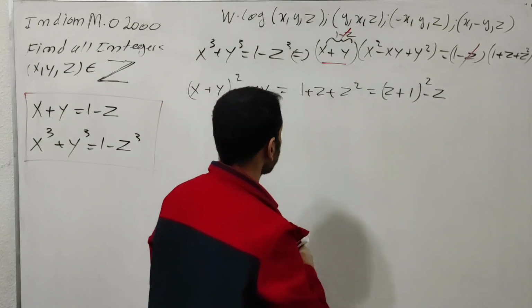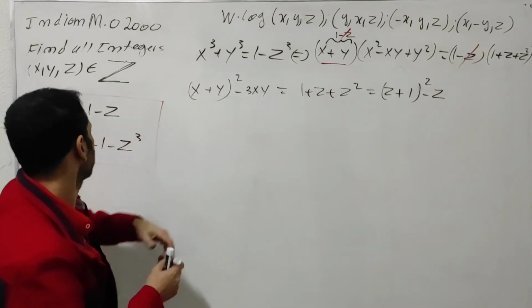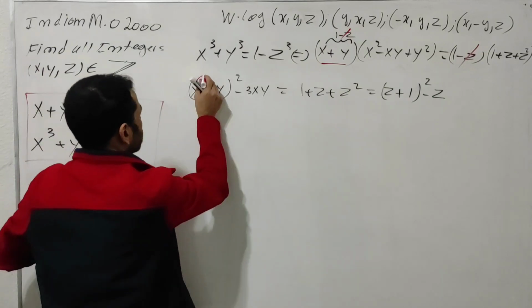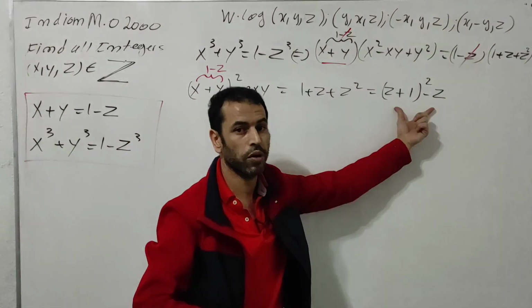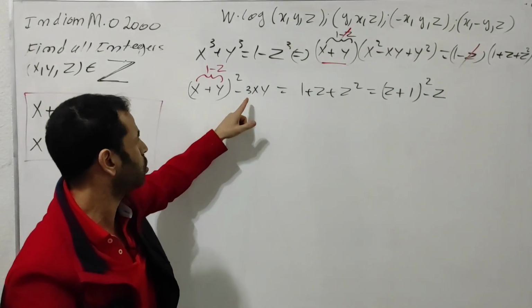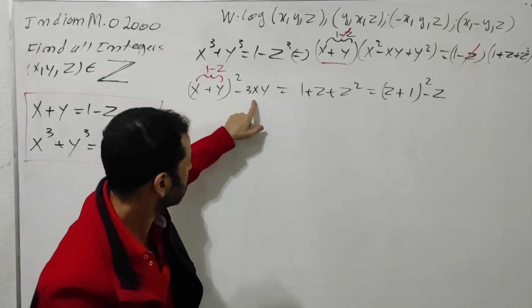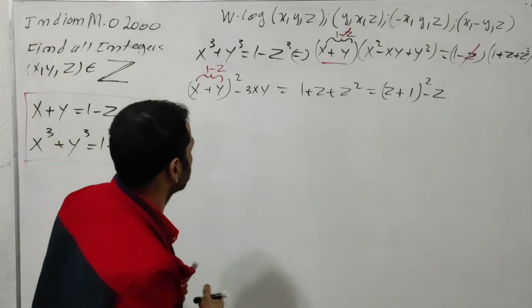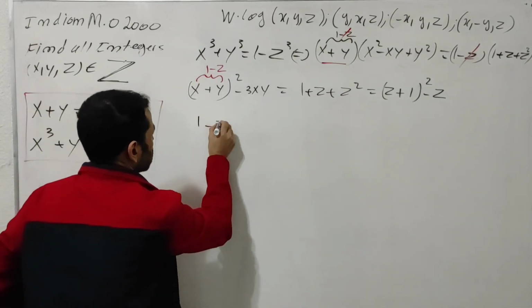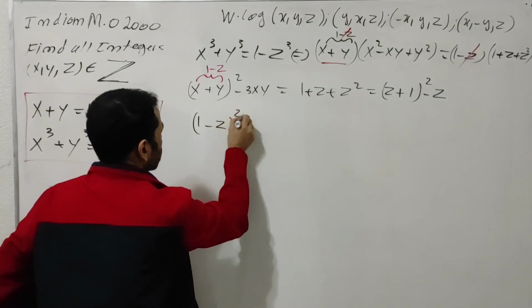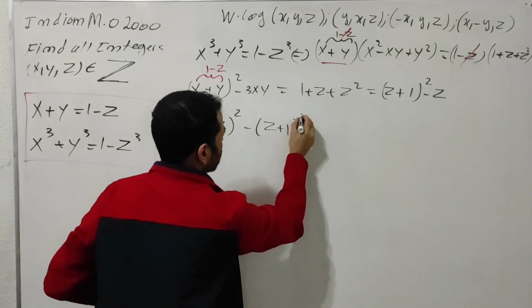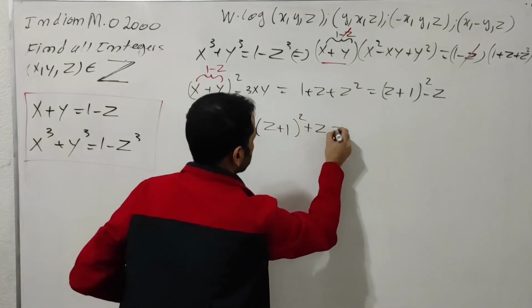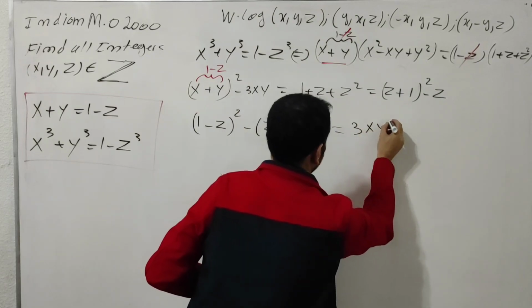I'm going to replace x plus y by 1 minus z. I'm going to bring these two terms to the left hand side of this equation and move this minus 3xy to the right hand side. So we'll get 1 minus z quantity squared minus z plus 1 quantity squared plus z equals 3 times xy.